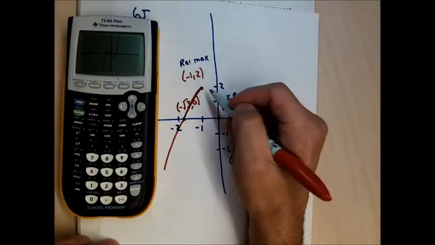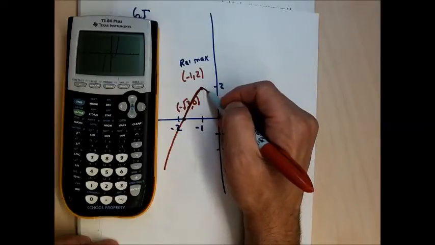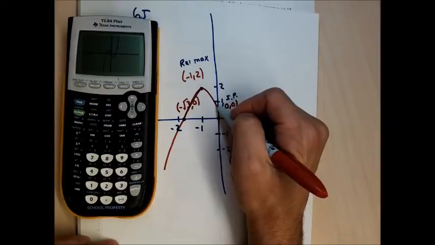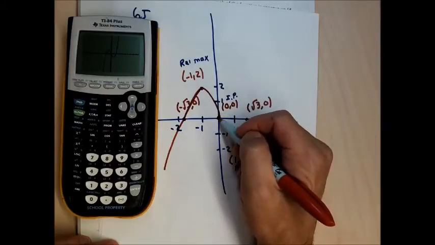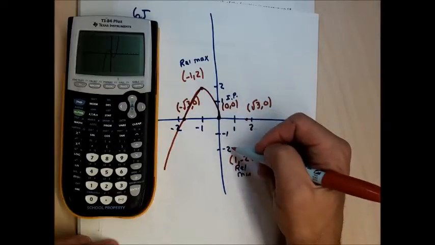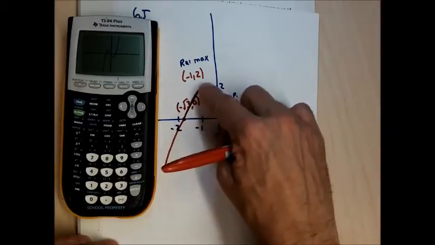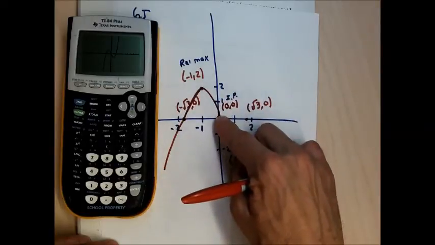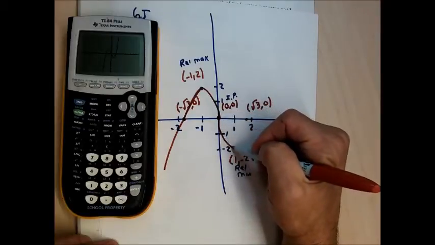And then at the relative maximum, it starts decreasing but stays concave down. So my graph is concave down, and decreasing, concave down, and decreasing. Once it gets to the inflection point, the graph is going to flip over in terms of concavity, but it's going to stay decreasing. So increasing concave down, decreasing concave down, and now decreasing concave up.